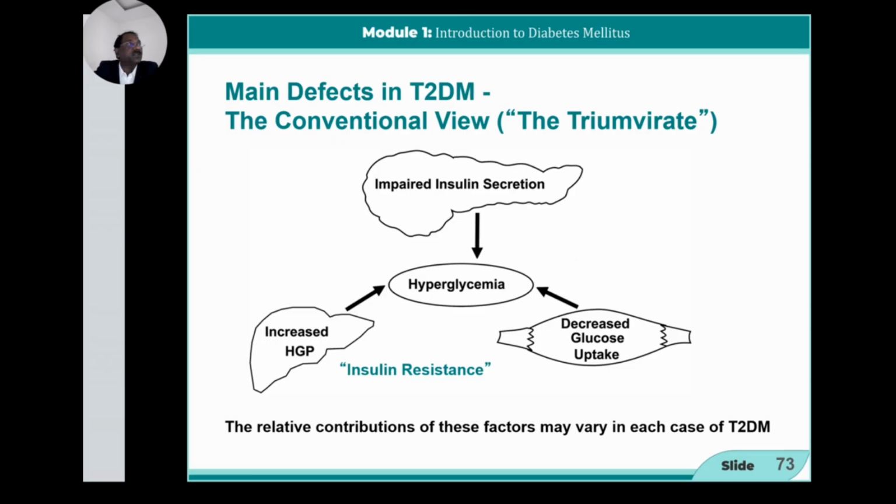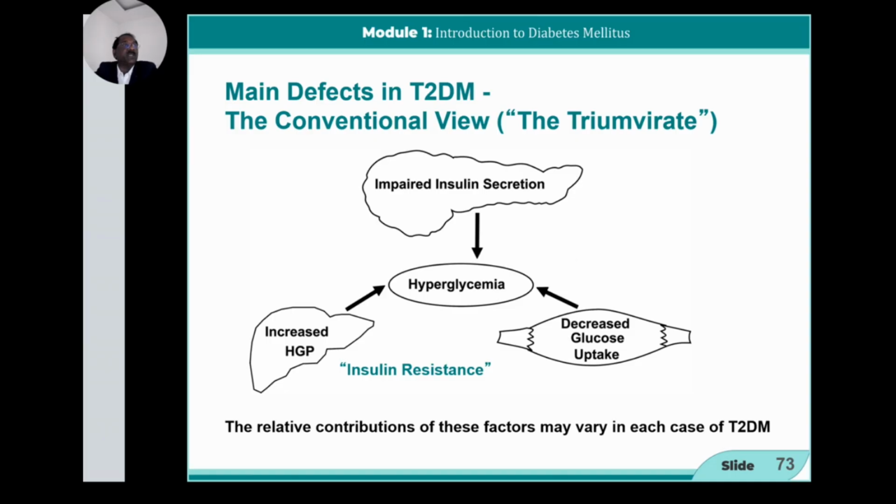That is decreased glucose uptake. So one is the pancreas, then the liver, and then the muscle or the adipose tissue. These are the important organs that cause insulin resistance. Earlier we thought that this is the triad. Now tell me how many ways of getting hyperglycemia? Ominous octet.